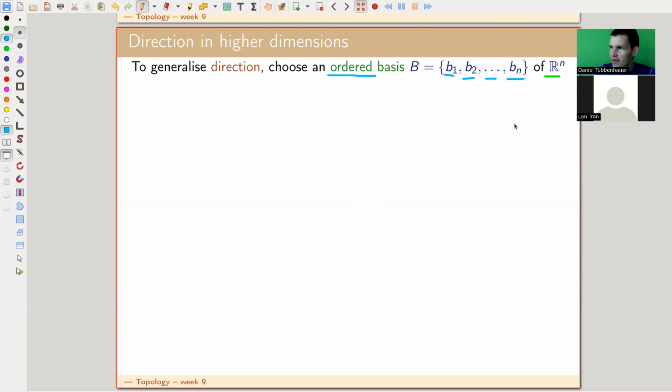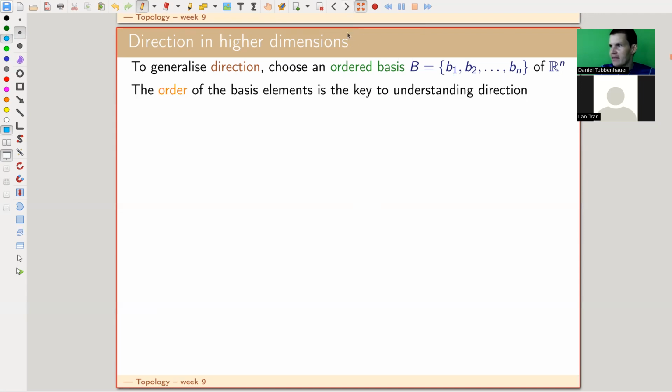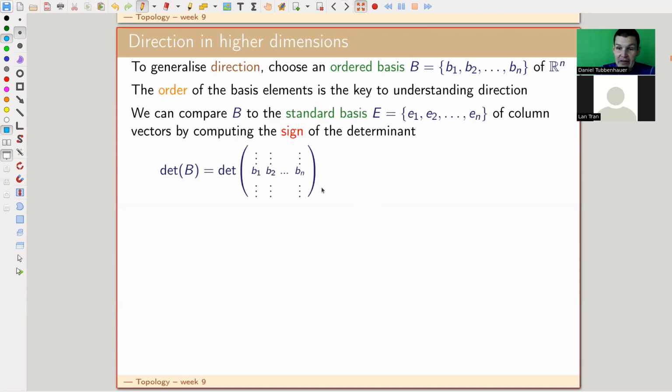And I put the basis in a matrix. Just put the first basis vector in the first column, put the second basis vector in the second column, put the nth basis vector in the nth column. And the determinant of that is some real number, whatever it is. And the question about orientability is essentially the question whether this number is positive or negative.